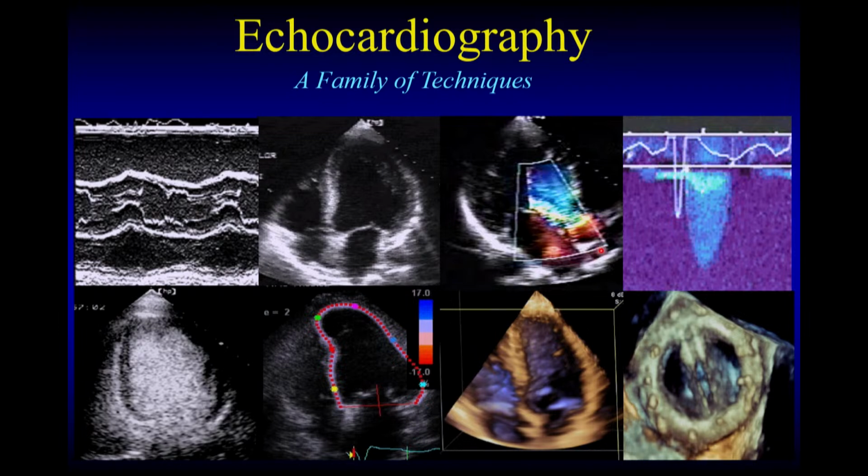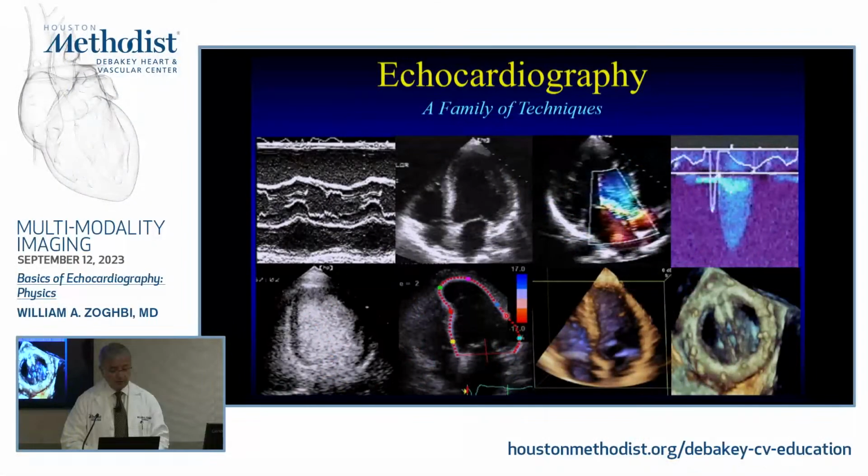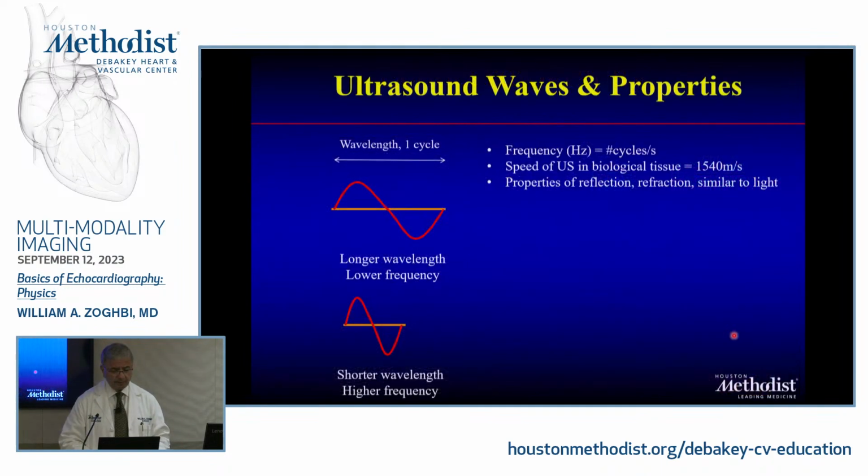What you see here is a family of techniques: color Doppler, continuous wave Doppler, contrast, strain imaging, speckle tracking, 3D of a prosthetic valve. So the family that we have is basically M mode, 2D, and the various Dopplers, visualization of flow.